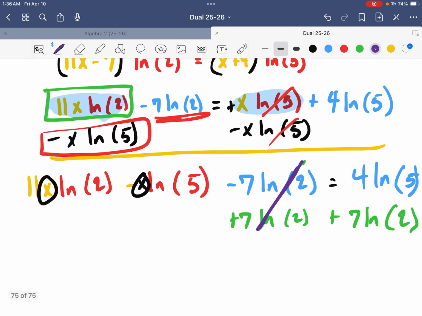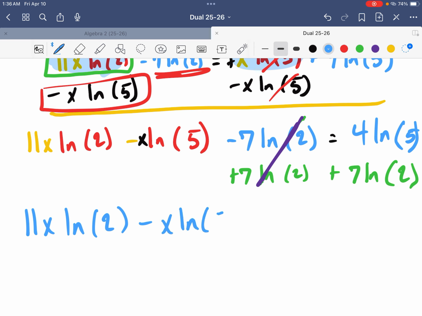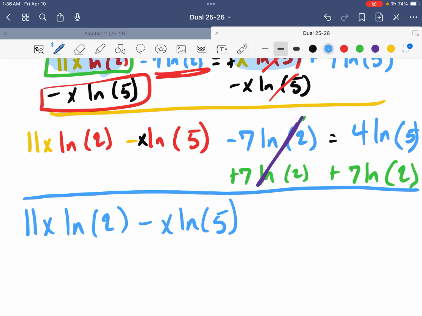I'm going to just write everything I have, right? I'm going to write down my 11x ln2 minus x ln5, and then this canceled.